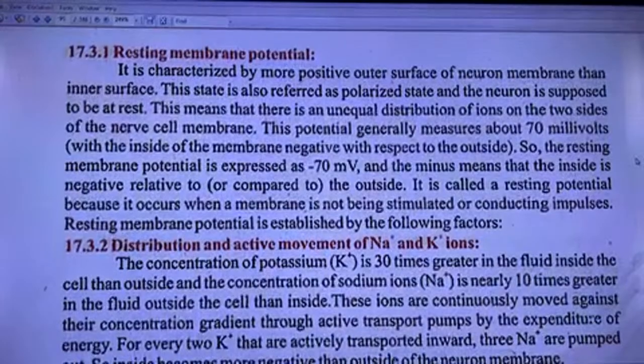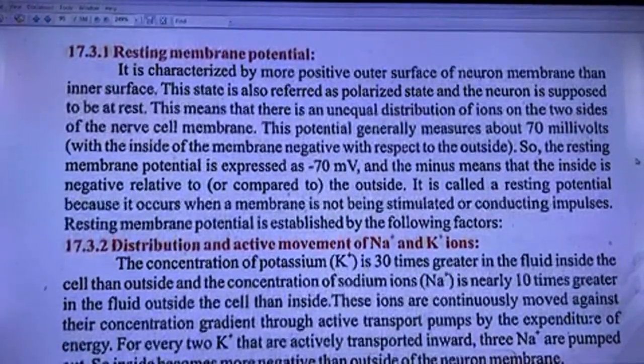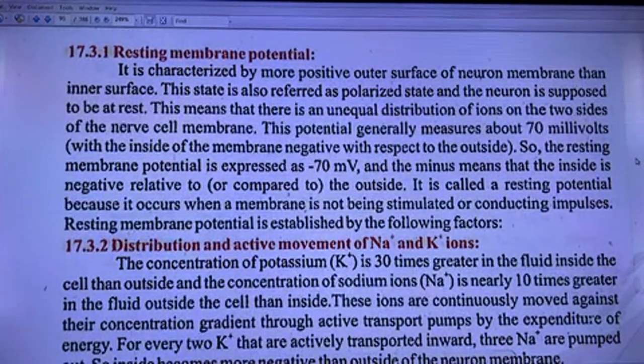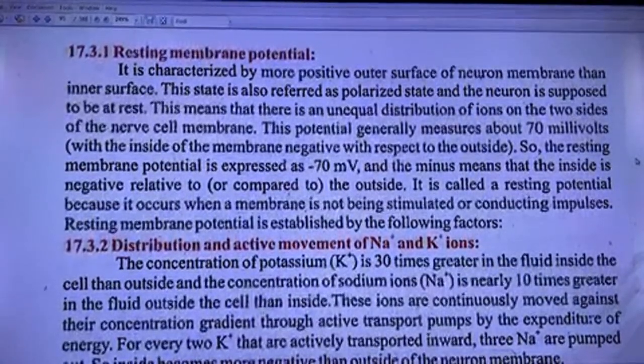Resting membrane potential is characterized by a more positive outer surface of the neuron membrane than the inner surface. The state is also referred to as the polarized state, and the neuron is supposed to be at rest. This means that there is an unequal distribution of ions on the two sides of the neuron cell membrane.